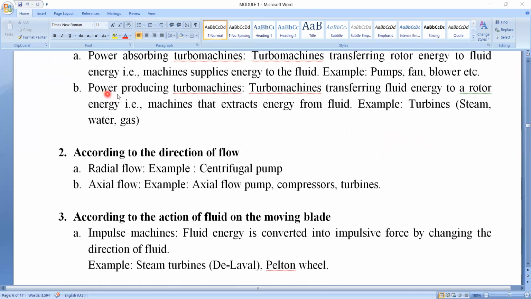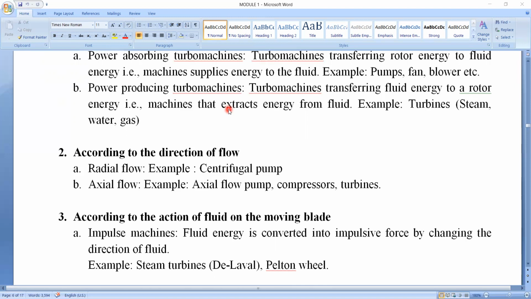The second type is power producing turbo machines. It is the reverse of power absorbing turbo machines. In power producing turbo machines, the fluid power may be in the form of high velocity or high kinetic energy fluid, or it may be high pressure fluid.